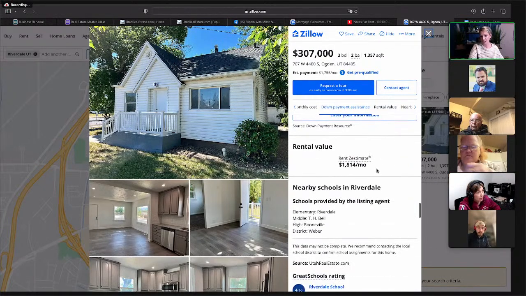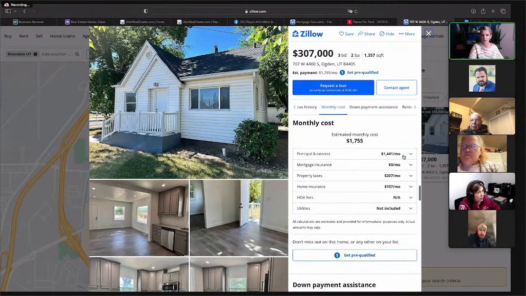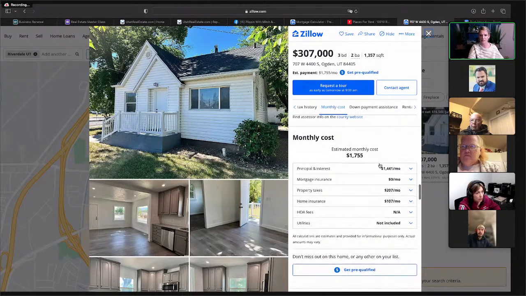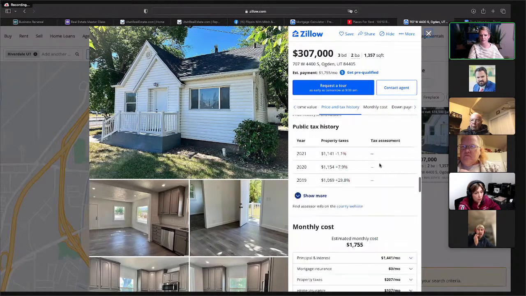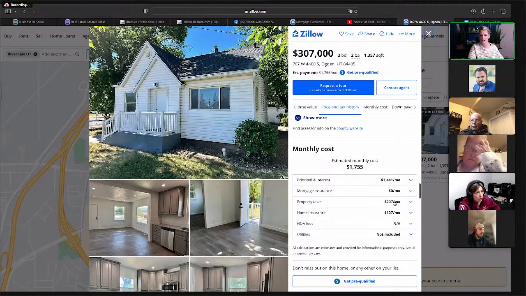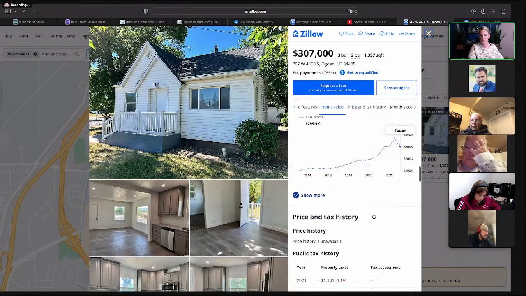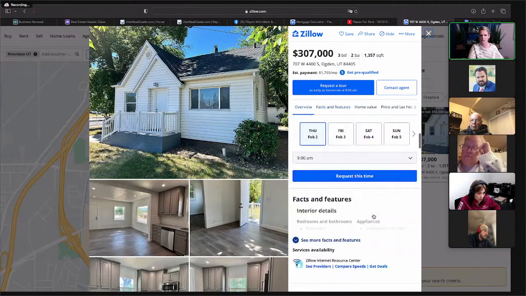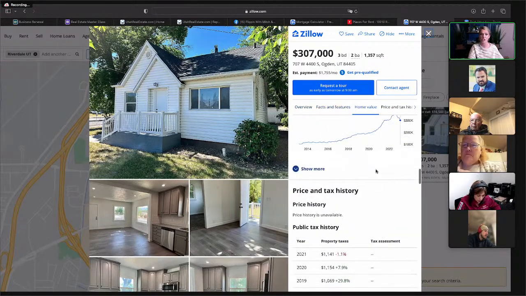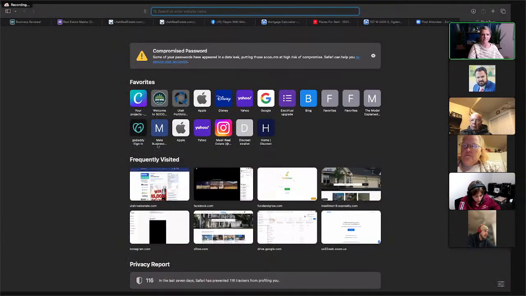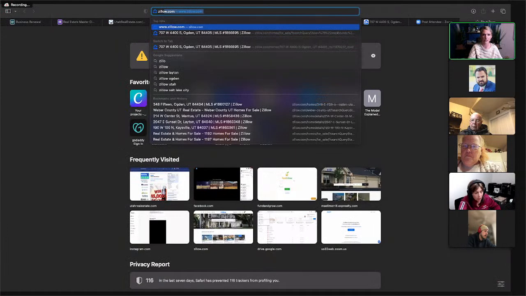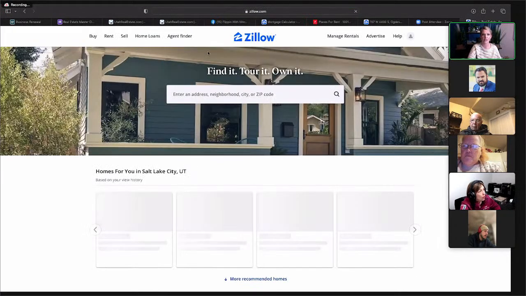On here we actually do have a rent amount, and it gives us an established mortgage also. It shows an estimated monthly cost based on mortgage, insurance, and interest rate, which we can change. If you wanted to, you could open two tabs with Zillow, because Zillow also has a calculator at the top.